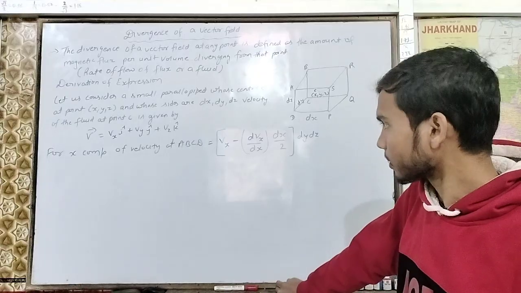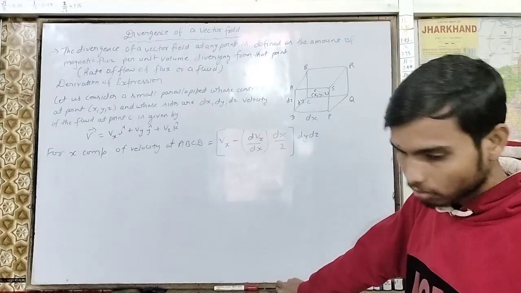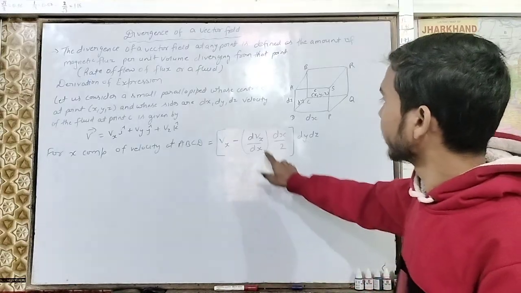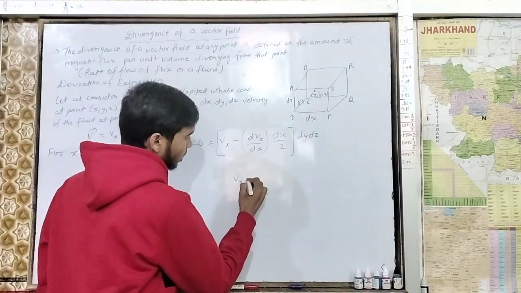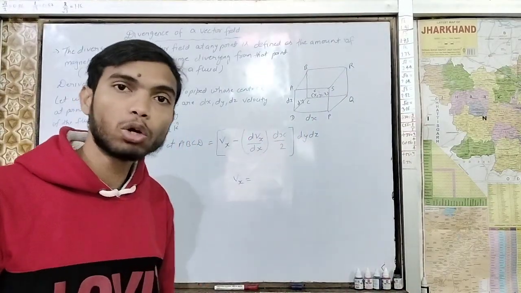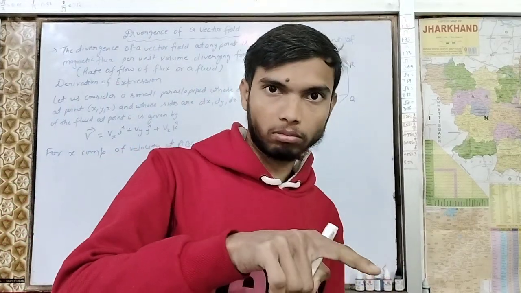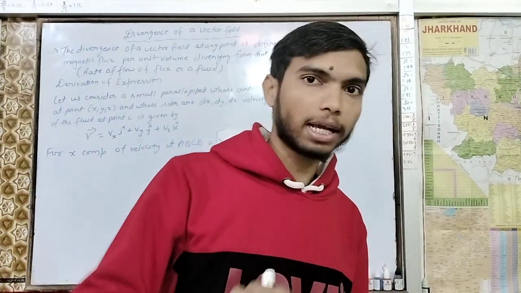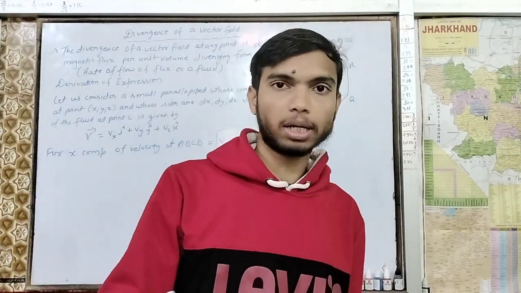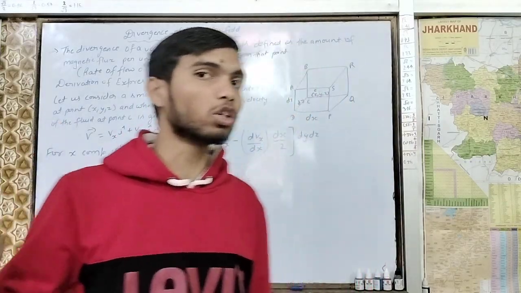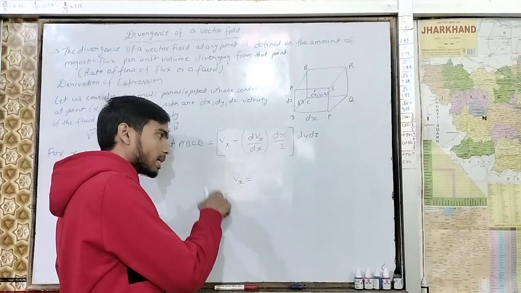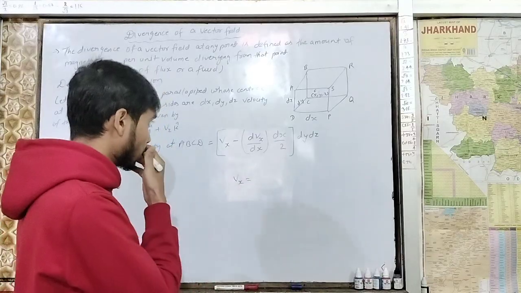What is the change? Here Vx is nothing but the velocity of the fluid, but along x. We are not taking along y or z, only along x. What is the velocity of the fluid? That is what we understand by this Vx.